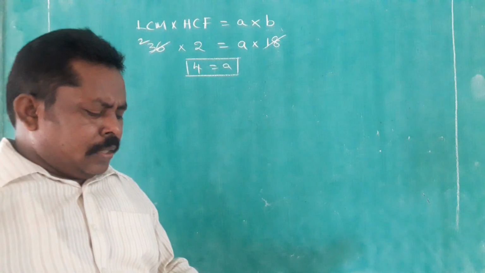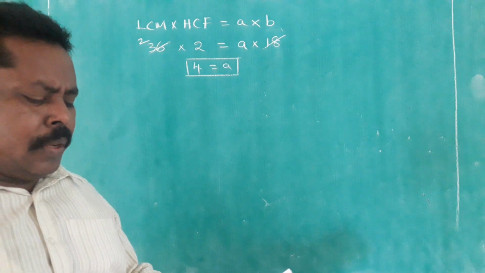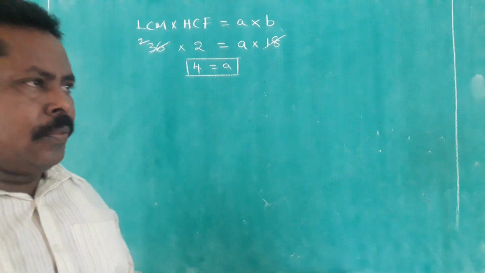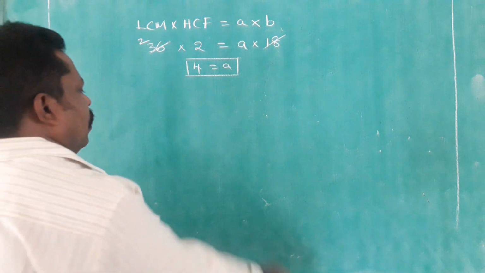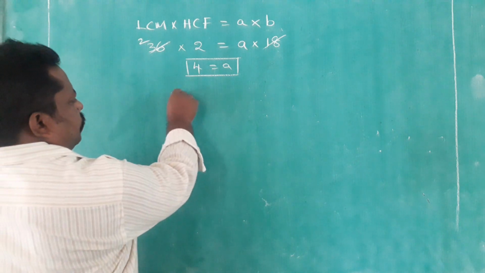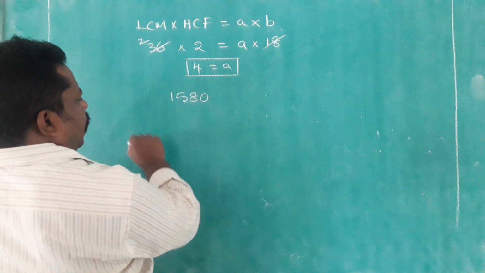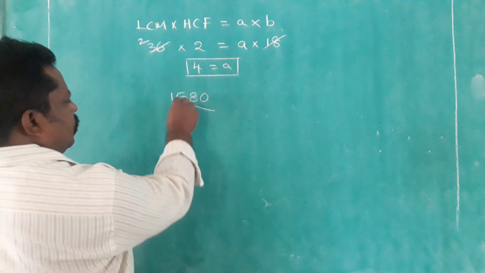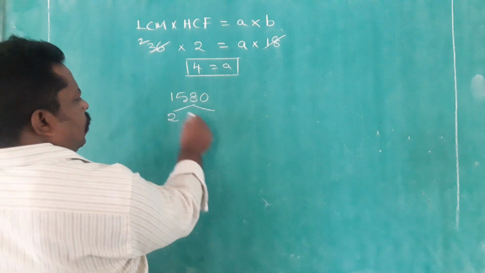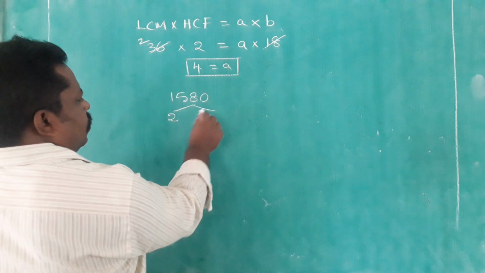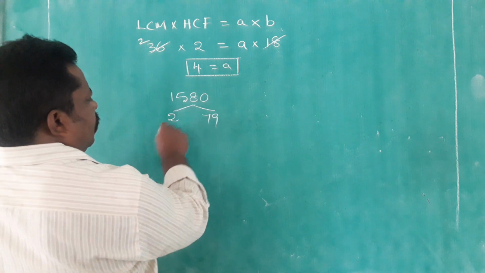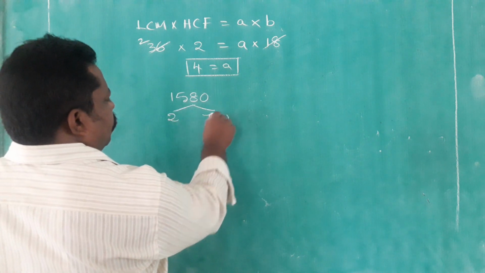Okay. Now, second question: which of the following prime numbers appear in the prime factorization of 1580? Okay. Now, 1580. How is it? See here, 2 table, 2 sevens are 14, 2 nines are 18, 0.